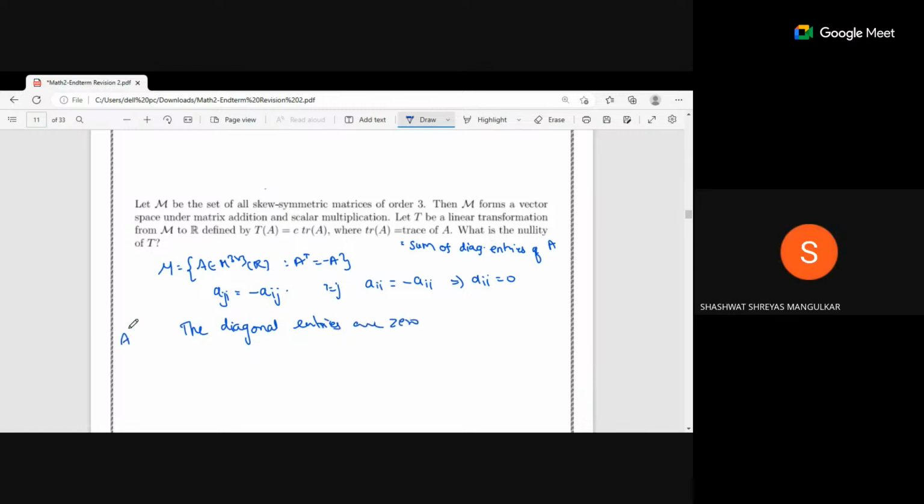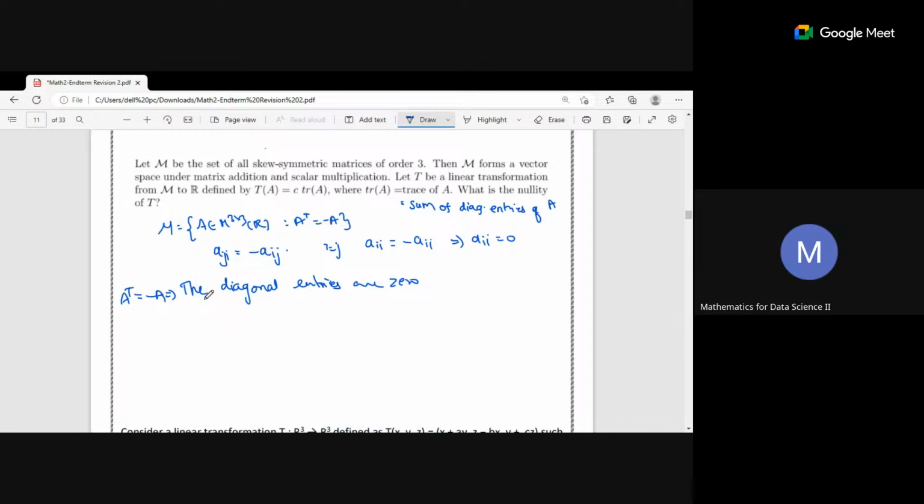And determinant of A is also 0. So here you see that the diagonal entries are 0. It means the trace of A is 0. Okay. So if the trace of A is 0, what can you say about the nullity of T? So your transformation is a 0 transformation. The transformation of A is equal to 0. Yeah. So what is the nullity of T then?